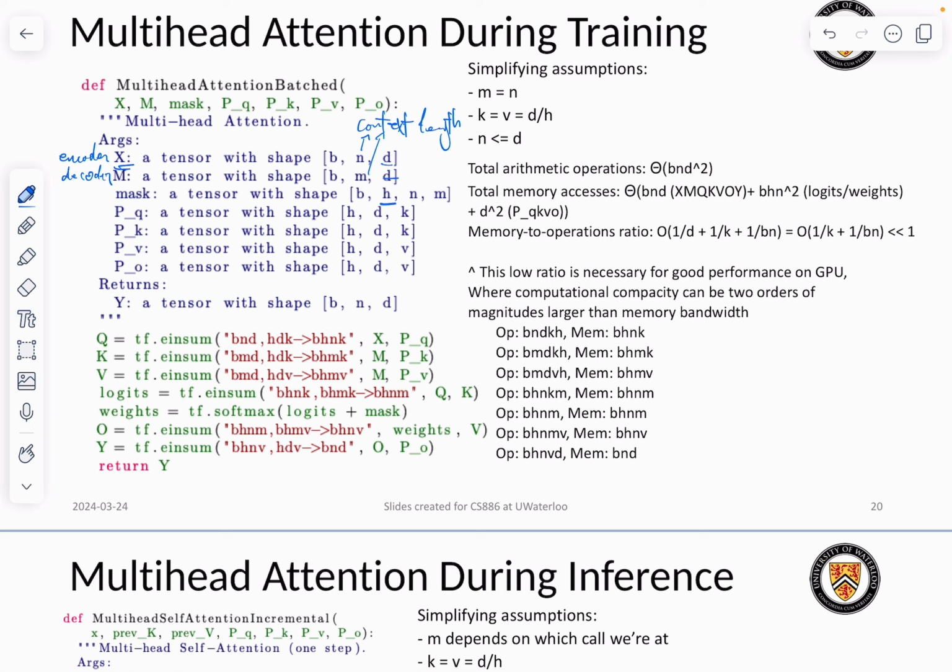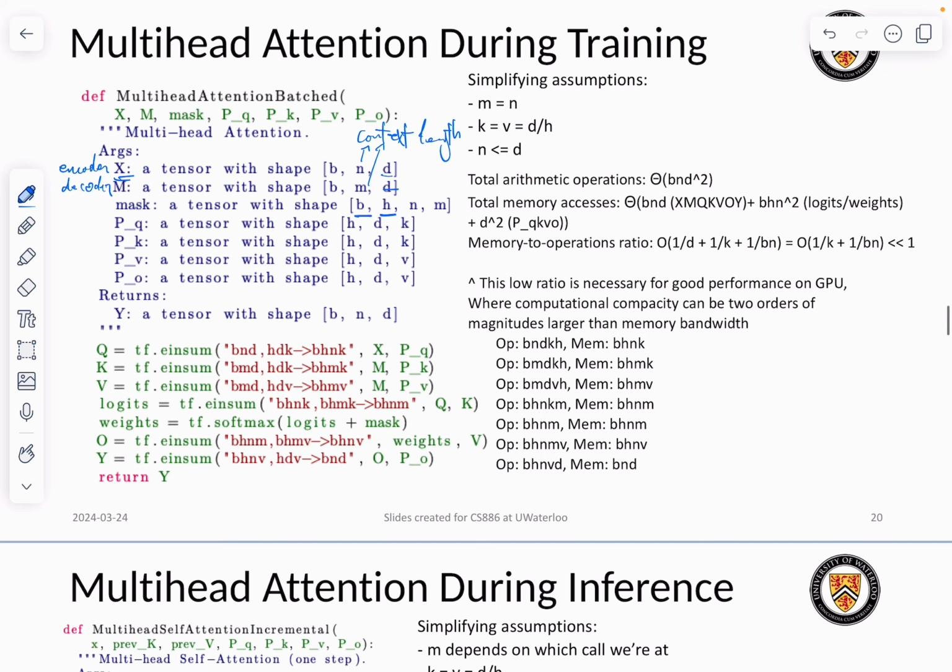H is the number of heads. B is the batch that you're taking this over. And K and V are the sizes of WK and WV. I think that should be all.